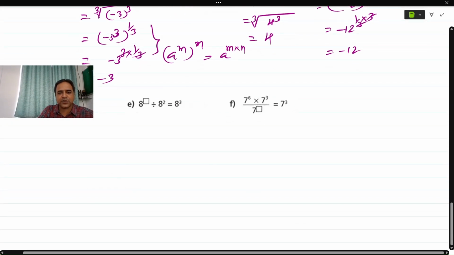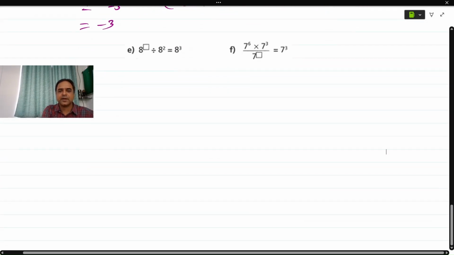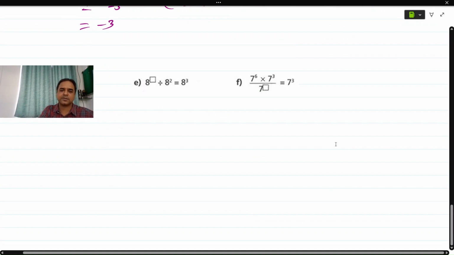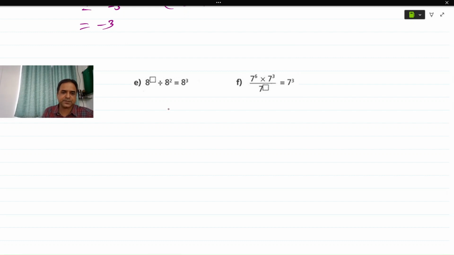Now we can use these rules to find out the exponent. If you see here in this question, 8 to the power something divided by 8 to the power 2 is equal to 8 to the power 3.